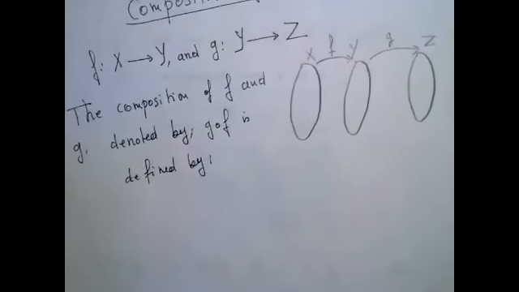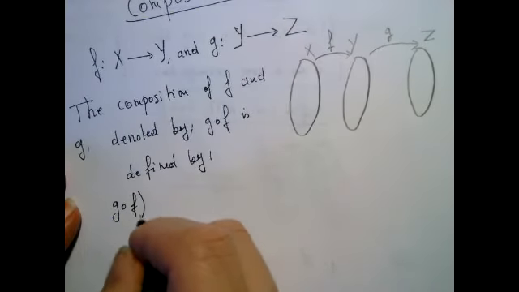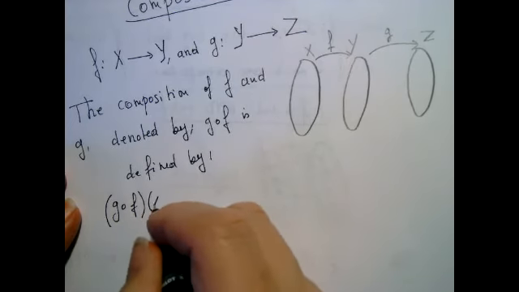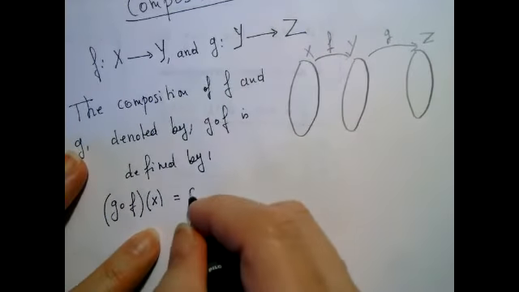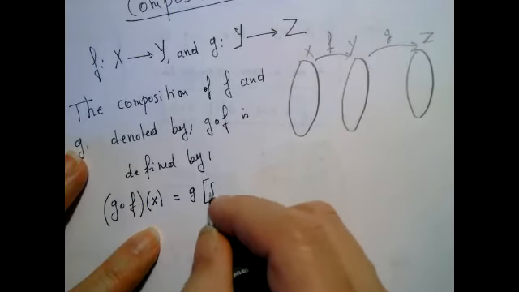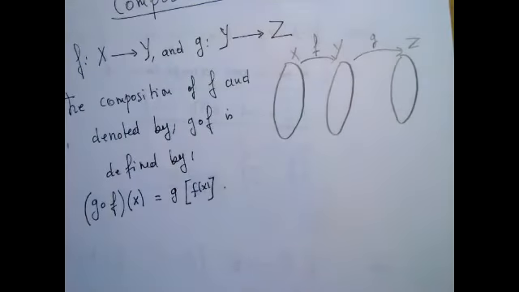I'm not arguing that. g composed with f of x is defined to be g of f of x. Okay. So in the picture, what's g composed with f?